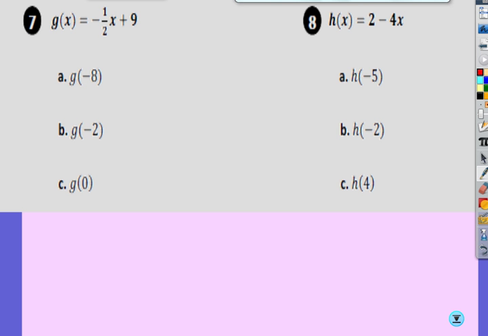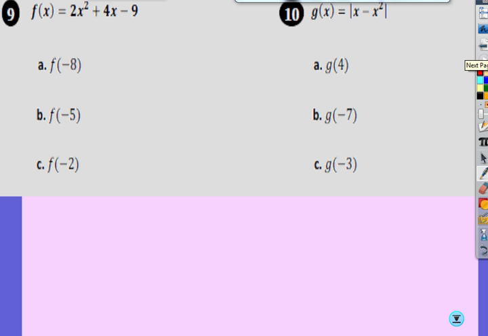For number 8, you will multiply negative 4 times your x value and subtract that number from 2. For number 9, you will square your value, multiply it by 2, take your value again, multiply it by 4, take those answers, put them together, and then subtract 9.